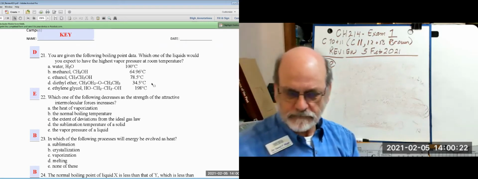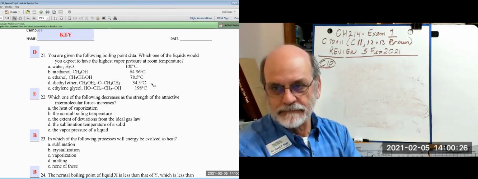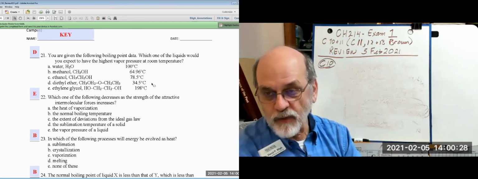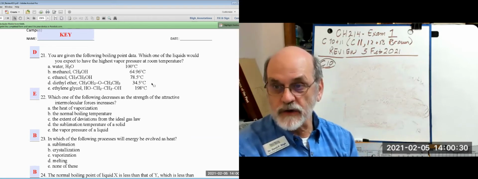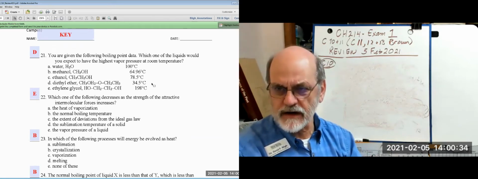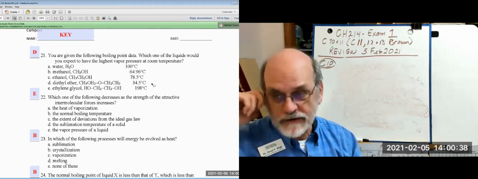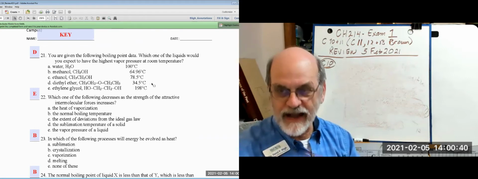In fact, if you pour diethyl ether out on your gloved hand, it would evaporate like that. Because what's normal body temperature? 37 degrees Celsius. The boiling point is 34.5. It would go flash like that.